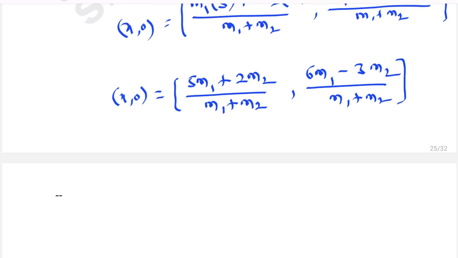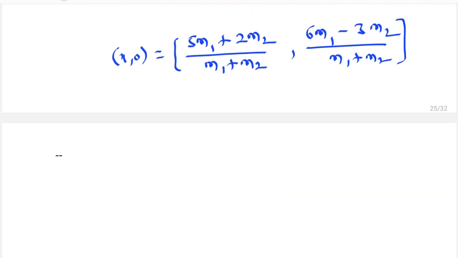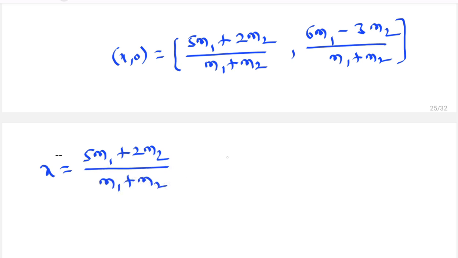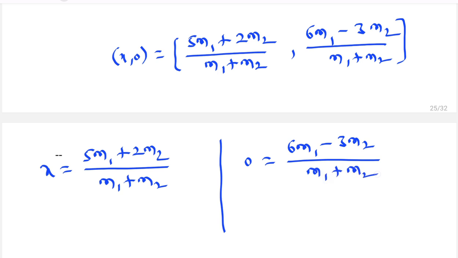On equating the coordinates, x, 0 equals to these two, therefore I can write x will be equal to (5m1 plus 2m2) by (m1 plus m2) separately, and 0 will be equal to (6m1 minus 3m2) by (m1 plus m2).